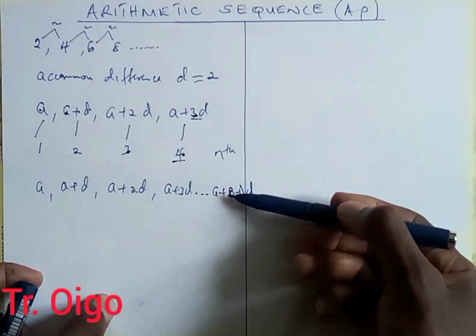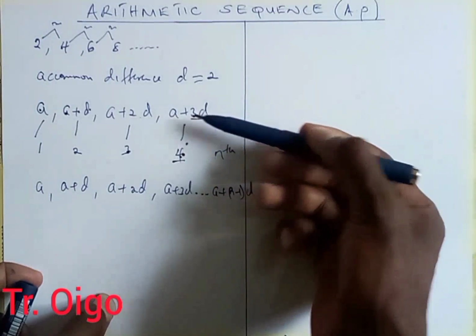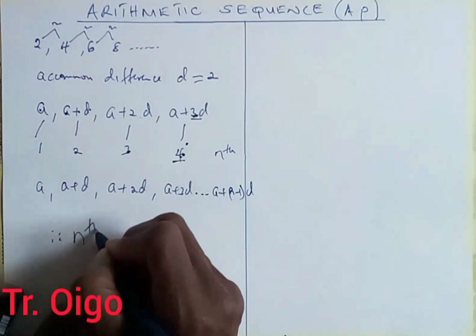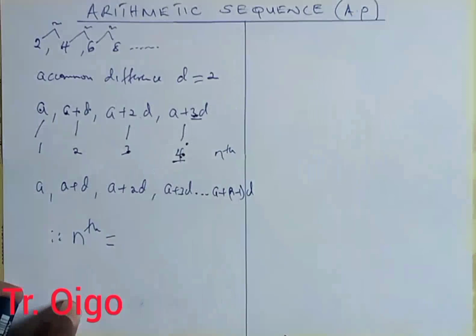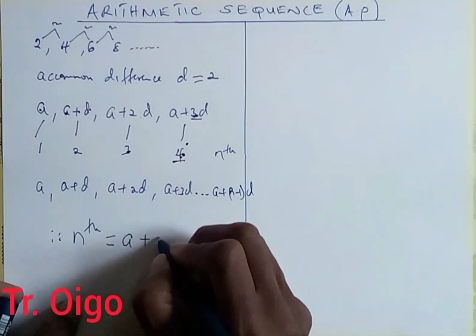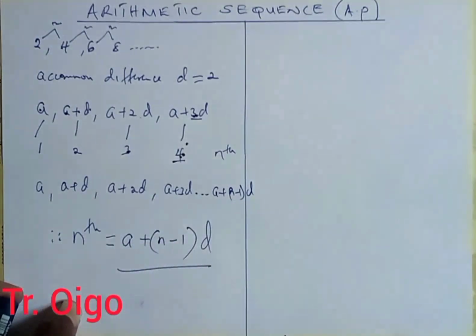You take n minus 1 to get the number of D's here. And therefore, we are concluding that the nth term in an AP sequence or series is usually gotten by A plus n minus 1 multiplied by D.